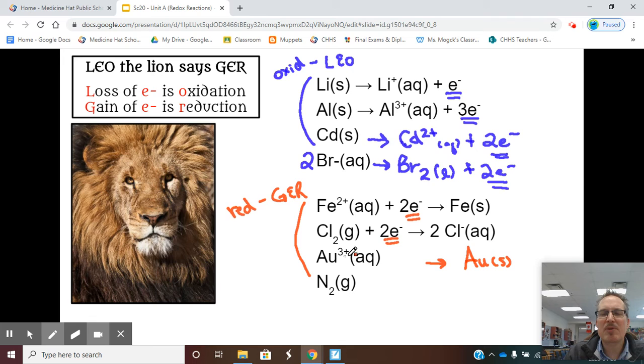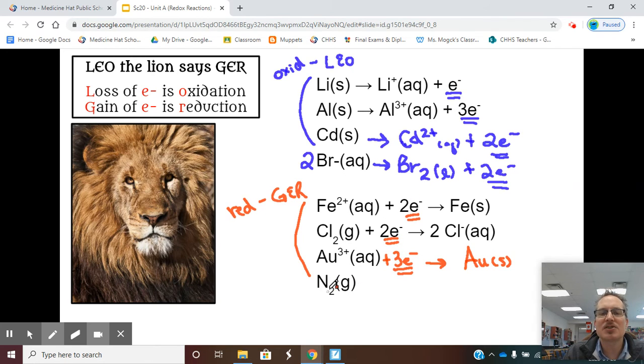So 3 positive plus what gets me no charges? Well, that's going to be 3 negative electrons. 3 positive plus 3 negative, no charge, no charge. Well, this is perfect because my electrons are on the left. This is a reduction half reaction. We are gaining electrons for reduction. So all my electrons will be on the left-hand side.